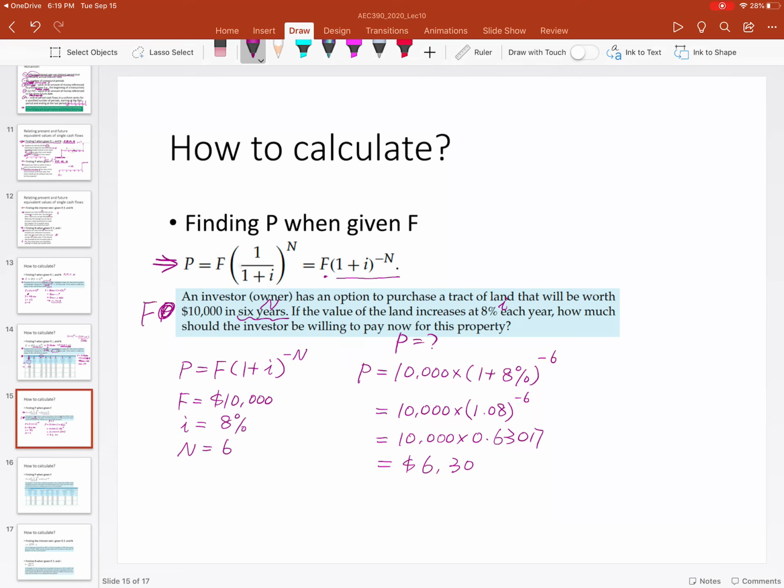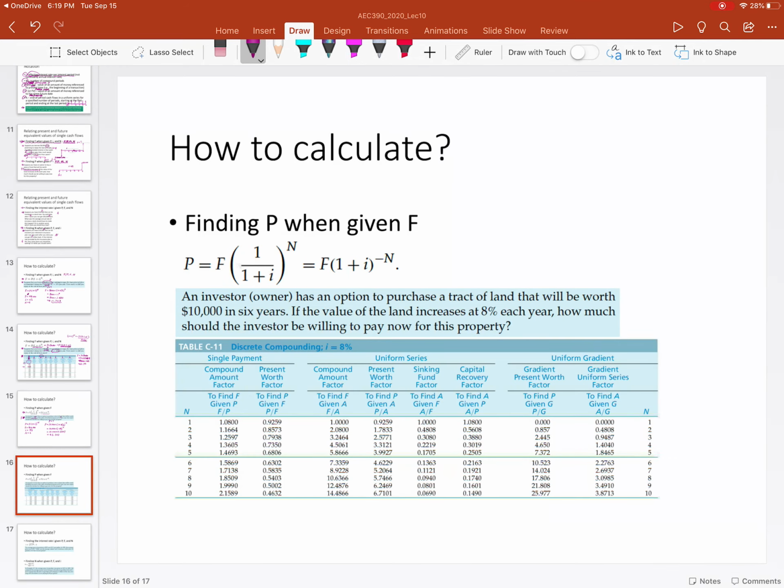So this will give you 6,302 US dollars. That's your present value. That's the price you want to pay. You want to pay this as the maximum price, okay? Of course, you want to negotiate, and then you want to pay less than that so that you can gain some value from this piece of land.